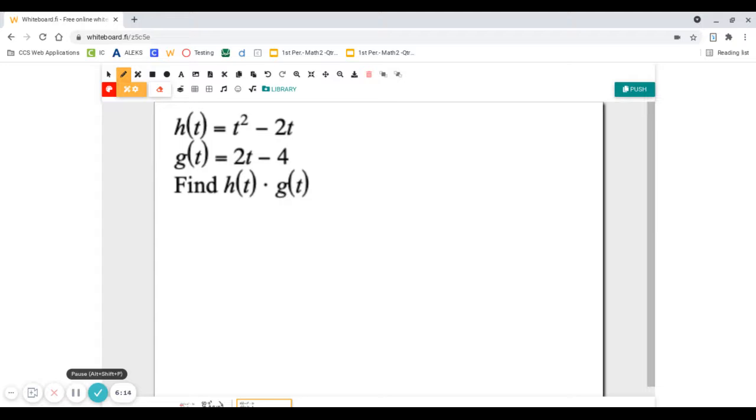All right, so here's example 2. On example 2, we want to find h of t multiplied by g of t. So I'm substituting in h of t, which is t squared minus 2t. I'm going to put a little hook on t so that you don't mistake that for a plus sign.